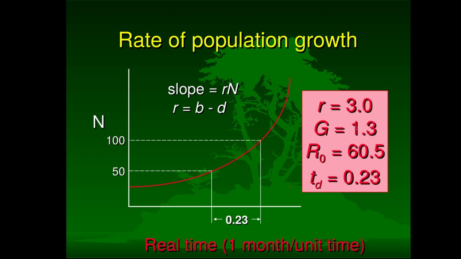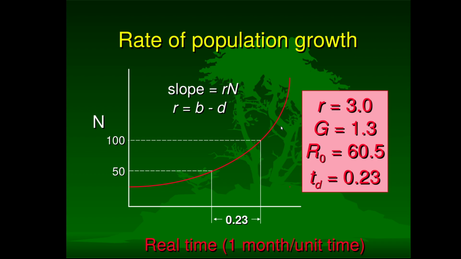I mean, obviously, an R of 3.0 is not going to be true if it's just old individuals in the population, right? Because they're not reproducing. So the lambda that we calculate from these numbers, or the rate of increase that we calculate from these numbers, has to apply to a population that has reproductive individuals in it.